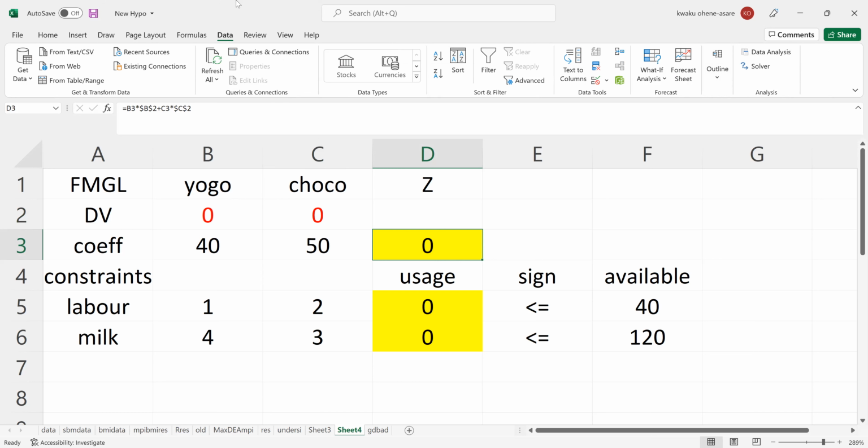For those of you who don't see Solver on the far right after clicking the Data tab, type number 5 for me.